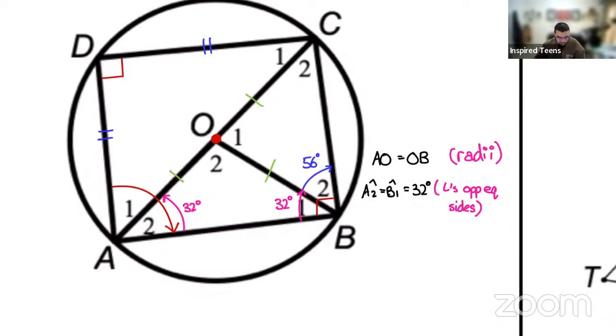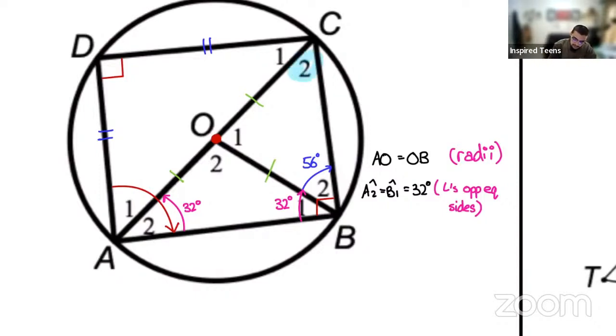Okay, so far we have this, and this is all correct. O2 will be equal to 106. Yes, correct. So we can complete this triangle in OAB.